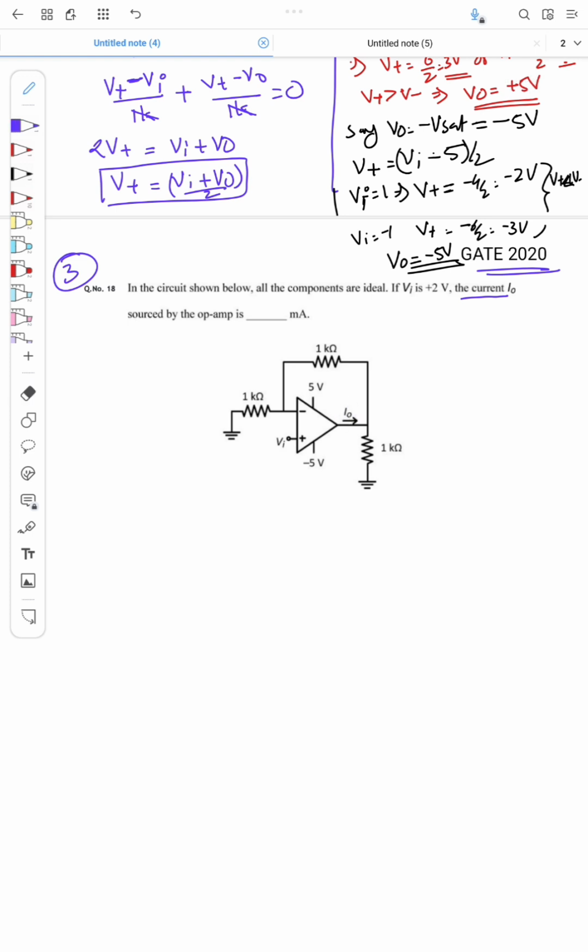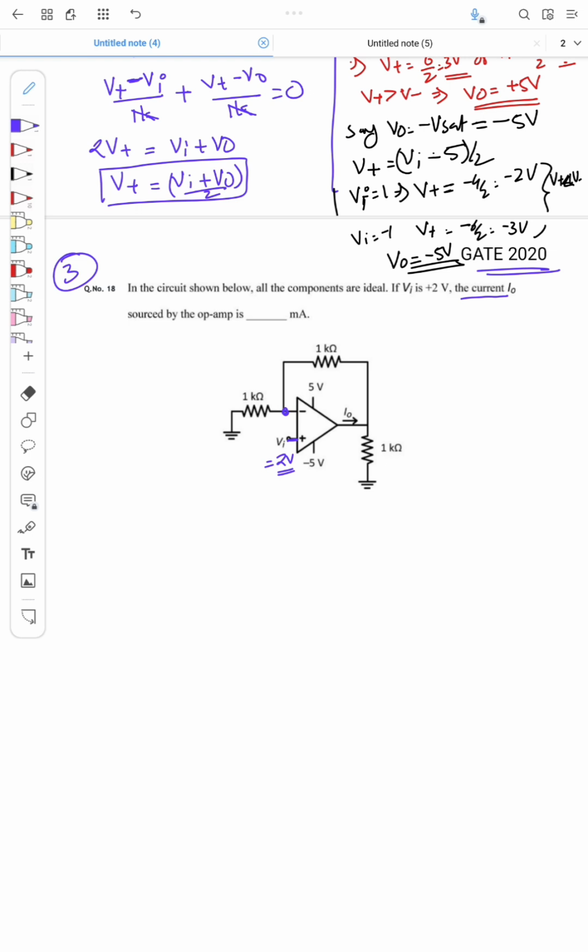If you see here, the op amp is in non-inverting configuration. Vi is given at the non-inverting terminal, and this voltage is equal to 2 volt. The feedback is connected to the inverting terminal, so it's a negative feedback amplifier.